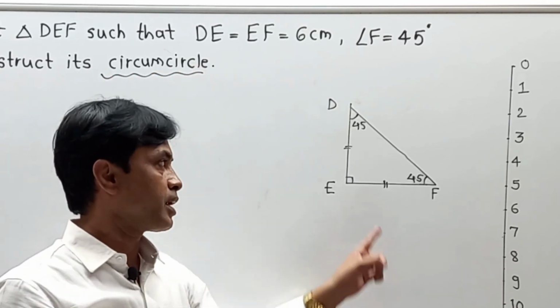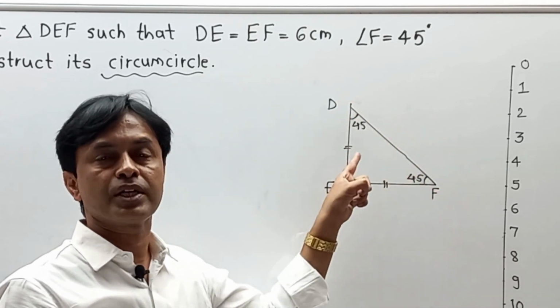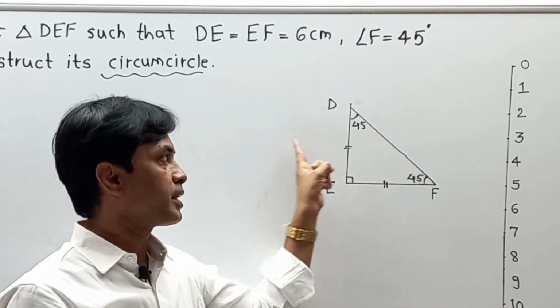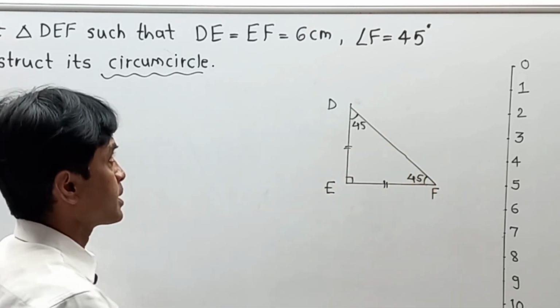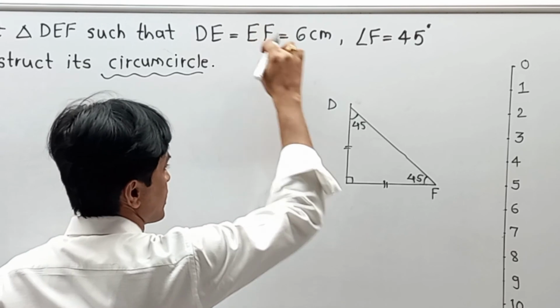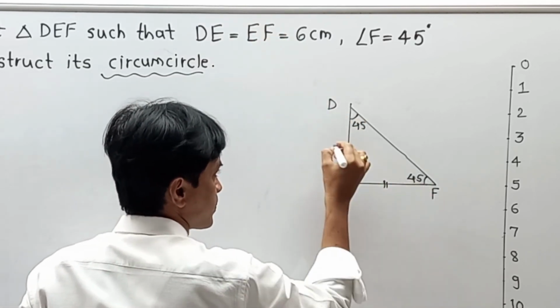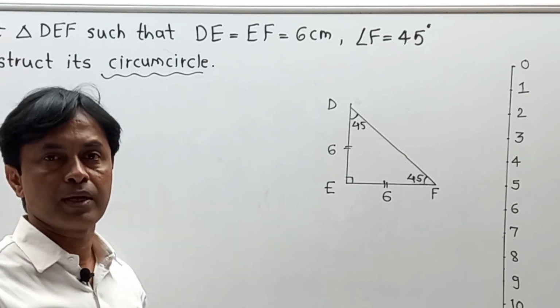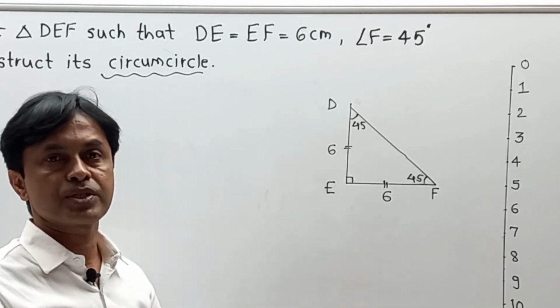Definitely a circumcircle means a circle which passes through all three vertices. Take the first side, draw its perpendicular bisector. Take the second side, its perpendicular bisector, because they have given DE and EF as 6 centimeter. And this is quite simple to draw starting from this rough diagram.